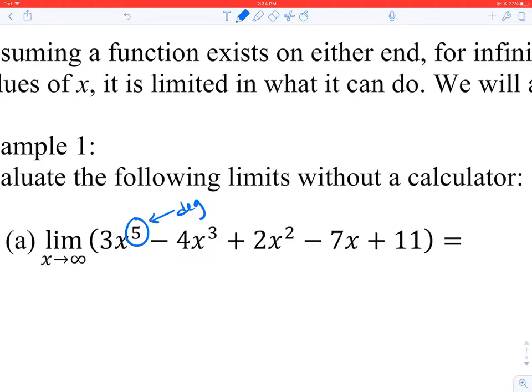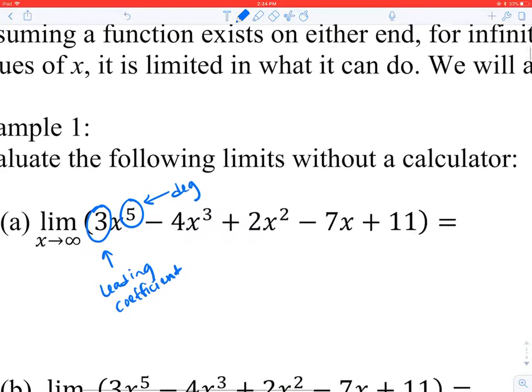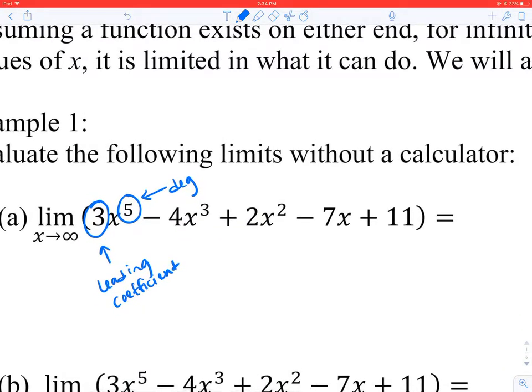And then you looked at the sign of the leading coefficient. So the leading coefficient here is a positive 3. Okay, so because this is an odd degree polynomial with a positive leading coefficient, that means the end behavior for this polynomial is like a line with a positive slope.